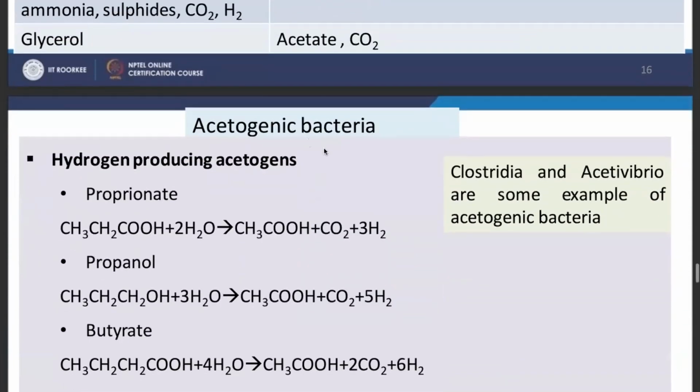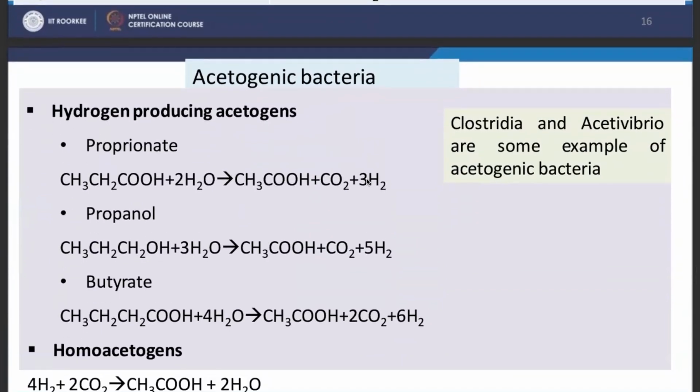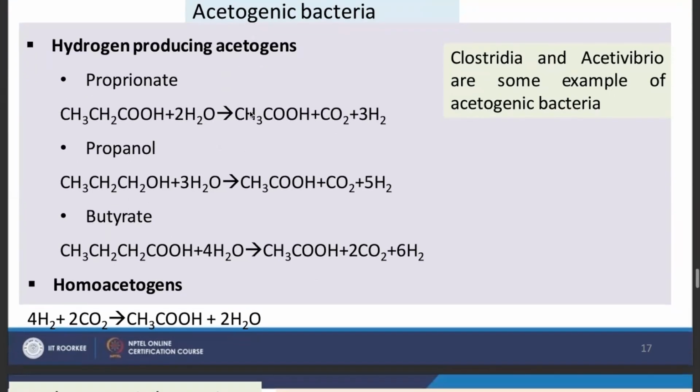So what are acetogenic bacteria? As I mentioned earlier also, acetogenic bacteria will make acetic acid, right? And some of the examples include Clostridia or Acetovibrio, right? So hydrogen producing acetogen, for example, we have propionate, we have propanol, and we have butyrate as raw material. If you subject them to acetogens, they will make acetic acid, CO2 and H2.